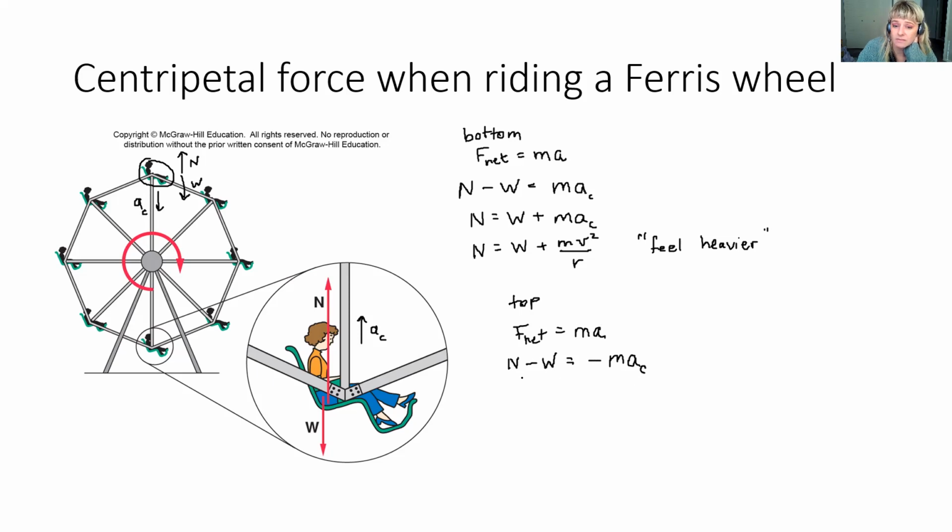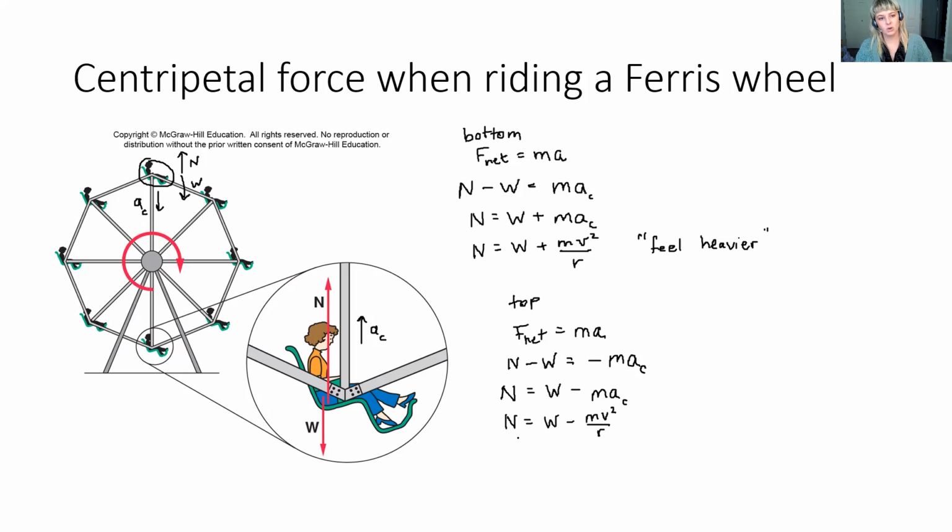So again, solving for normal force, that's the force that your body feels from the seat acting on you. It's your weight minus mass times centripetal acceleration. And I'm going to substitute v squared over r for centripetal acceleration.